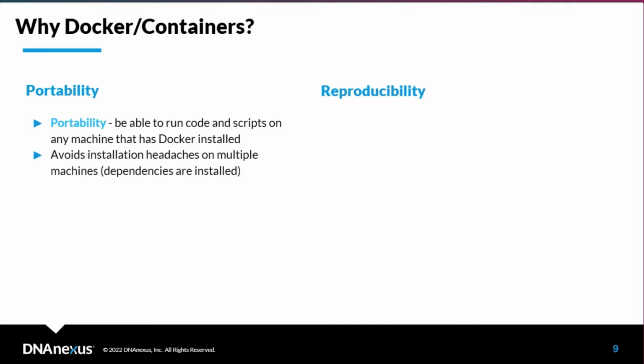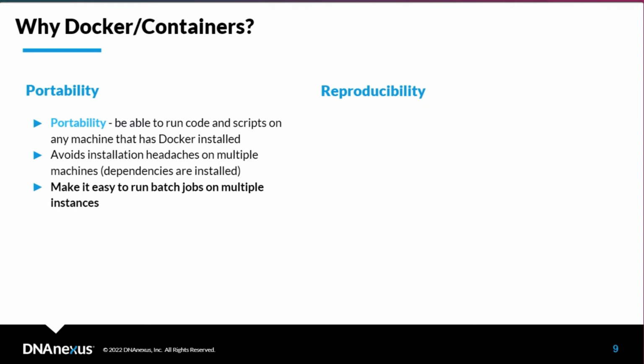This portability really enables us to do batch processing without having to worry about installing, for example, SAMtools or BCFtools on multiple nodes. The point is really to make it easy to run batch jobs on multiple instances.